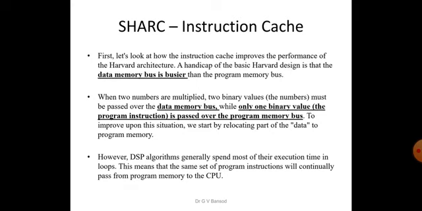It will execute only one program instruction, but that instruction can involve multiple data items from the data memory. The whole idea is to reduce the load on the data memory by doing a balancing act, relocating part of the data to the program memory, so that the program memory also gets an equal load compared to the data memory.